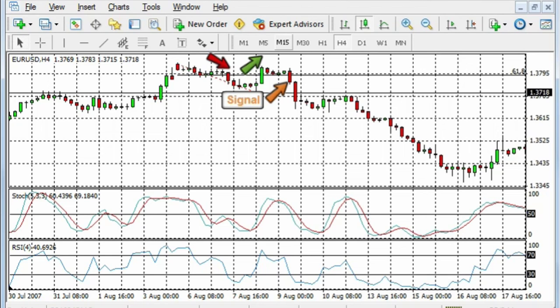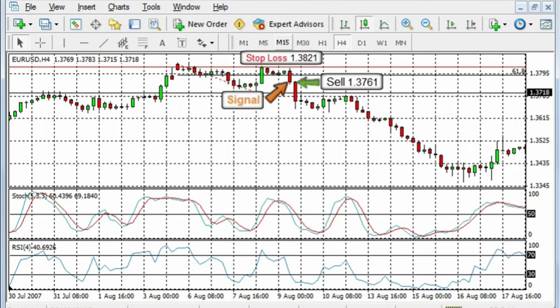In addition, a crossover occurs between the averages of the stochastic index. The trade should be entered at the start of the first candlestick that opens after the signal. The stop loss should be set 5 pips above the highest value of the signaling candlestick. Exit the trade when the RSI indicator is in the oversold area, meaning its value is below 30.